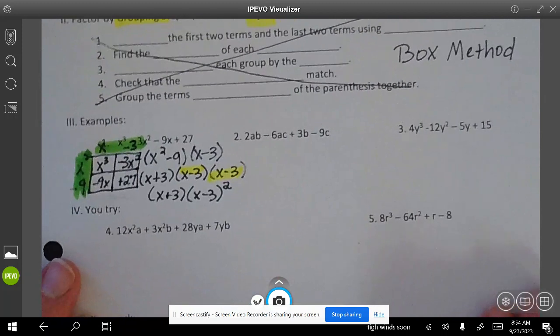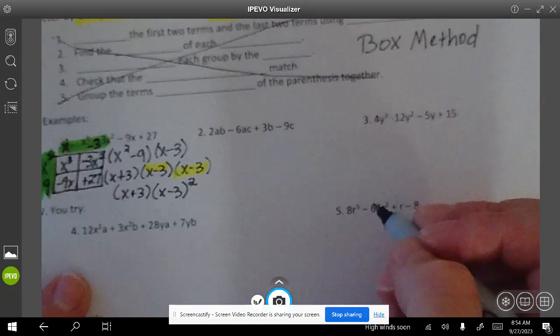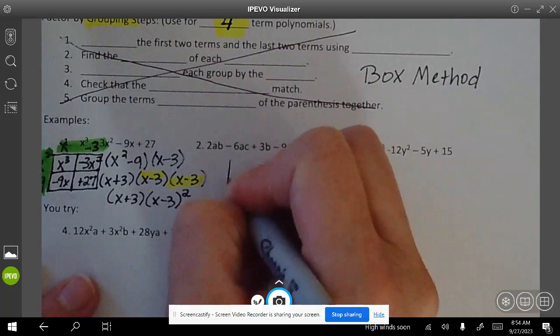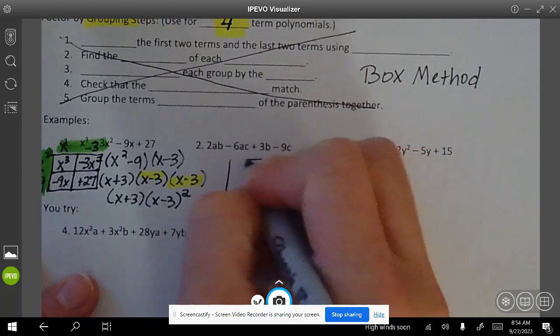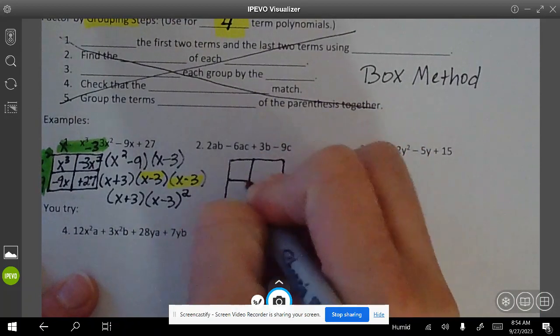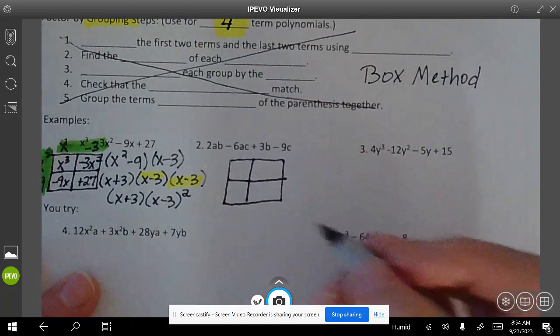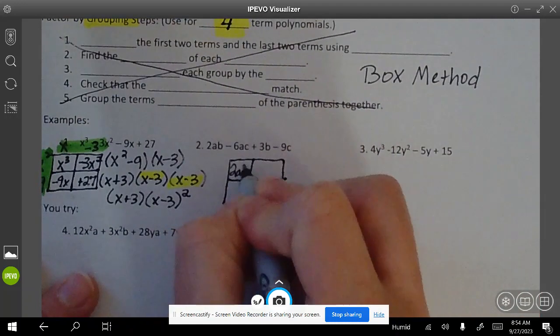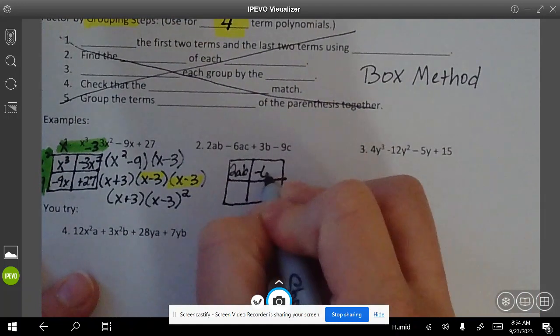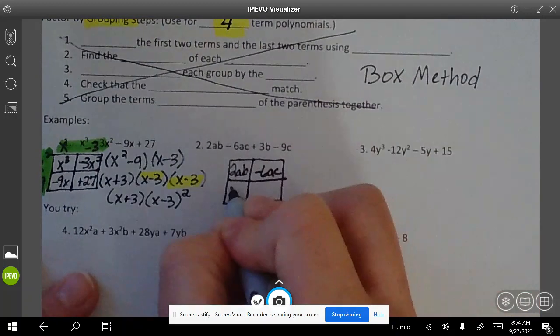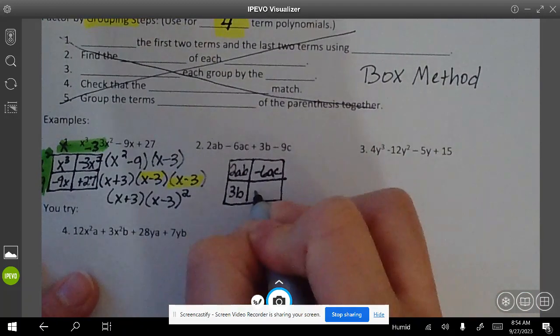Okay, let's look at number 2. For number 2, we're going to draw our box. And inside that box, we're going to put all four terms: 2ab, negative 6ac, 3b, and negative 9c.